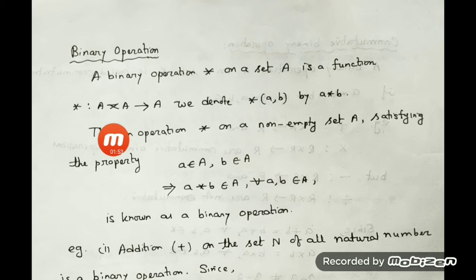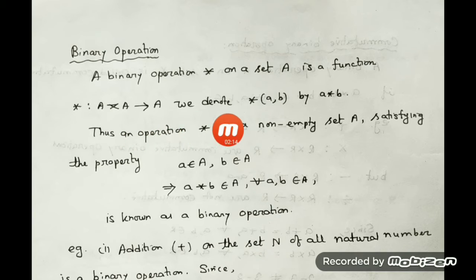Generally we take two elements, is not it? So two elements are taken from the Cartesian product that will form an ordered pair. So in the case of binary operation, we are taking an ordered pair, and under the operation, that element gives you a single element which is again present in the same set.